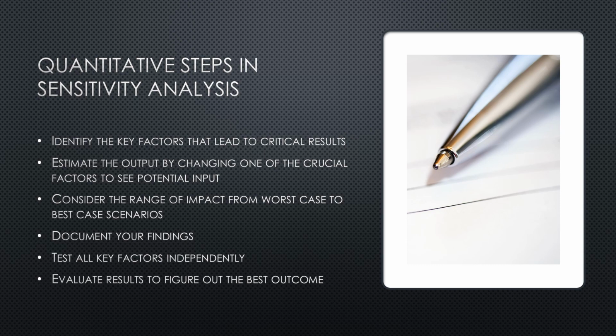Quantitative steps are focused mainly on metrics, essentially hard numbers. The first step is to identify the key factors that lead to critical results. Quantitative analysis is a systematic approach using mathematical probabilities of an outcome and testing those numbers against other variables. For example, a company may want to see how an increase in tariffs will affect their profit.